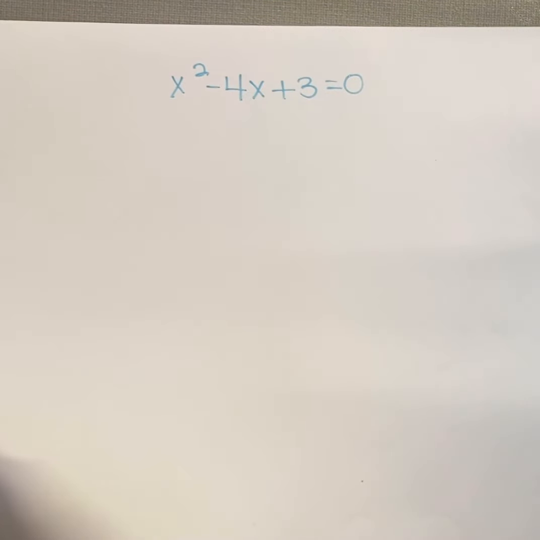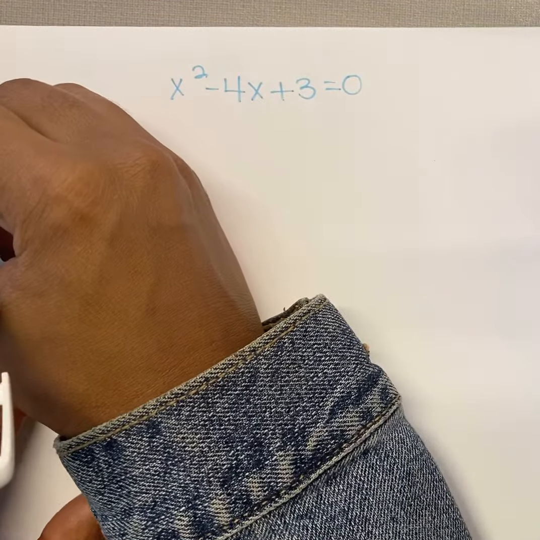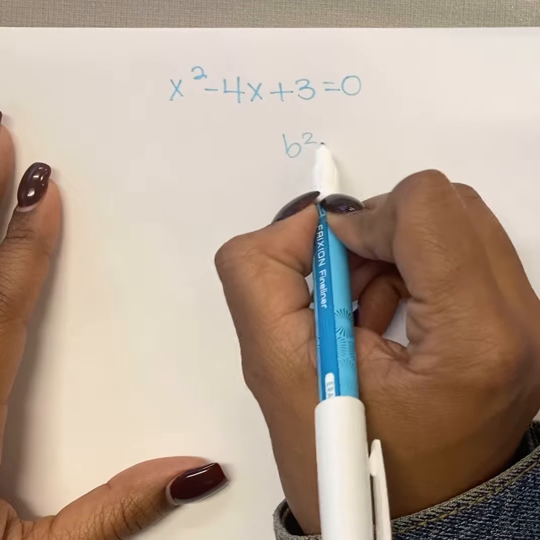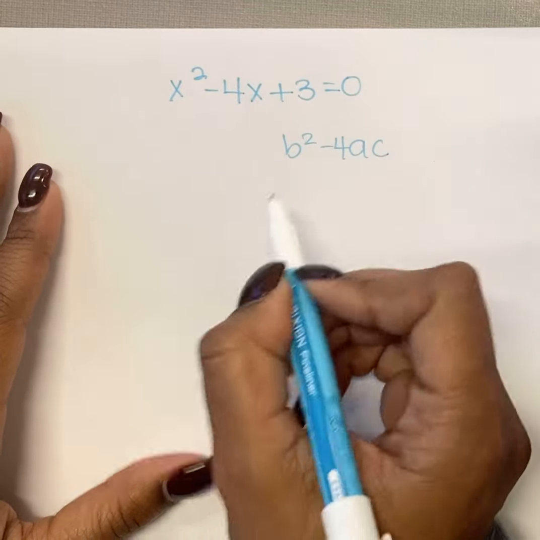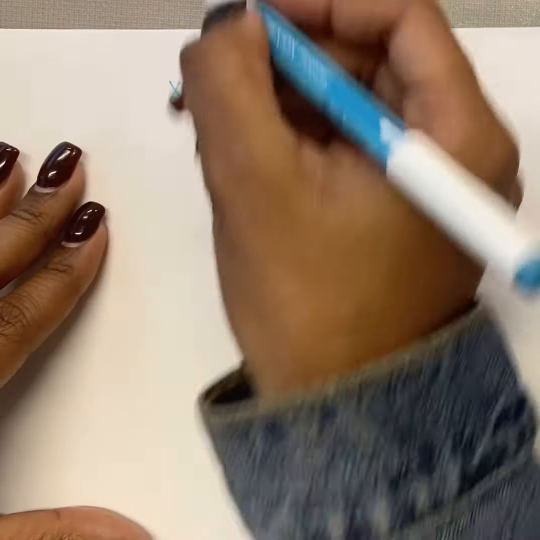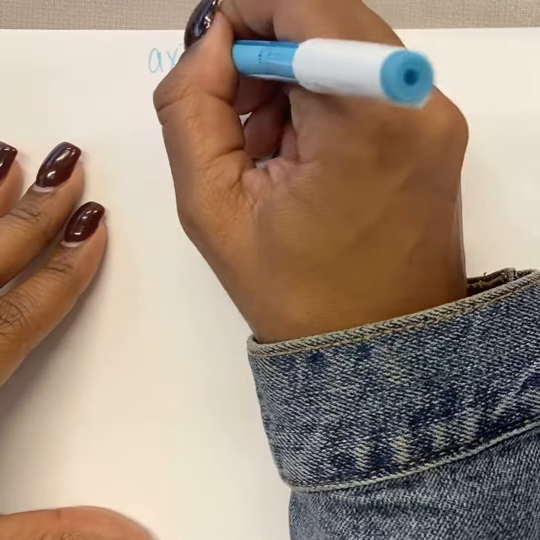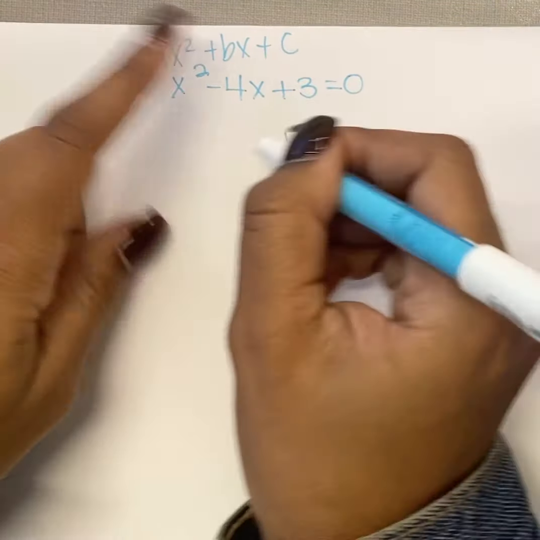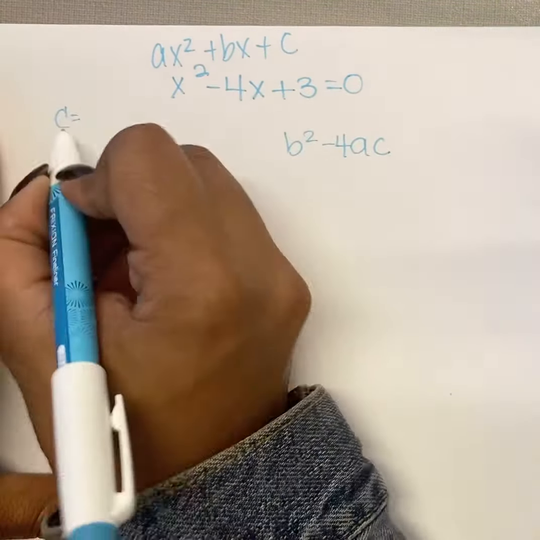And so you're going to start by just using the discriminant, right? We know the discriminant is written as b squared minus 4ac. And so first we need to clearly determine what a, b, and c are. So remember, this is really ax squared plus bx plus c. So c is your constant. So we know that c is going to be the constant, which is 3.